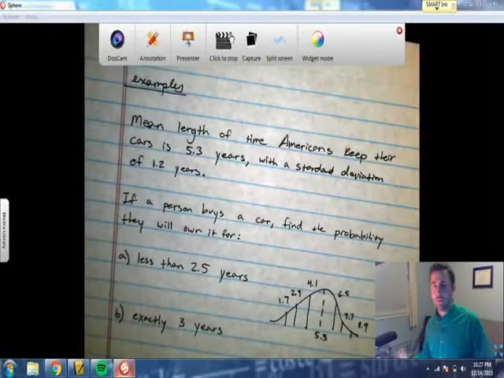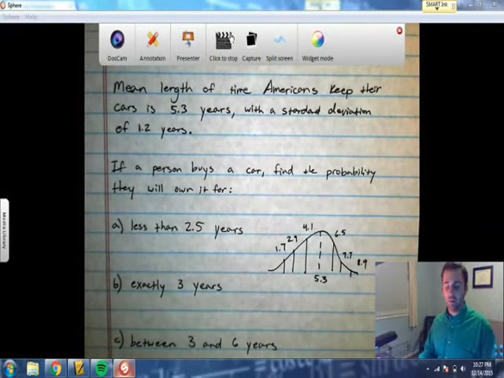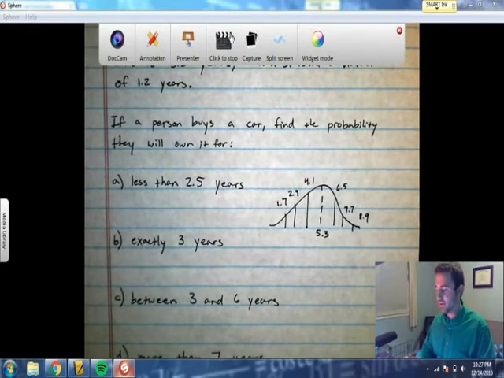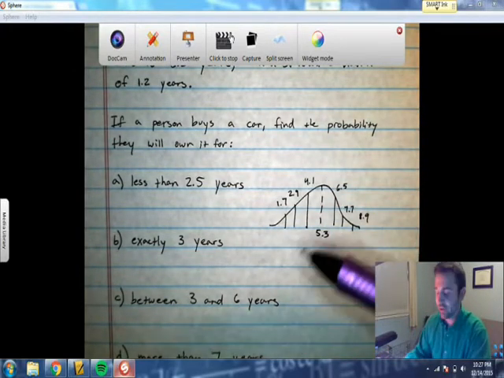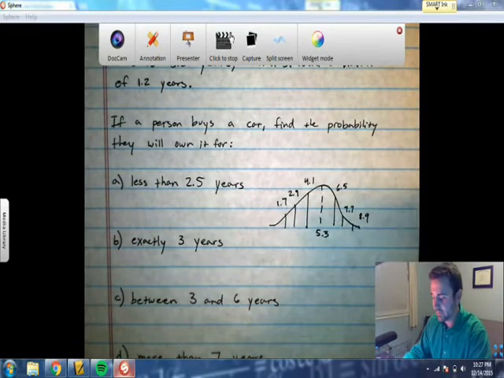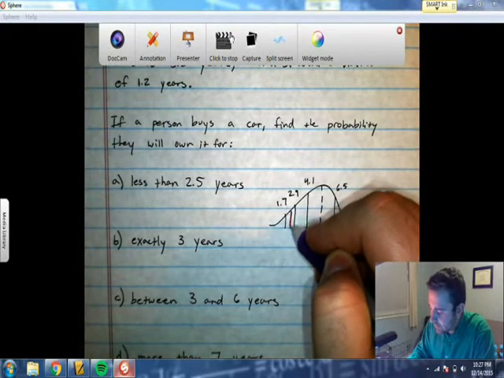The mean length of time Americans keep their car is 5.3 years, with a standard deviation of 1.2. If a person buys a car, find the probability they will own it for less than 2.5 years. I've already sketched out a normal distribution curve centered around the mean, going 3 standard deviations below and above. So less than 2.5 would put us here.